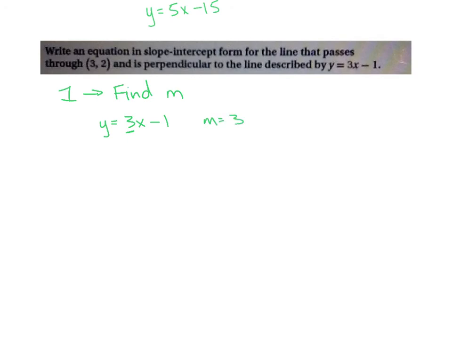But remember, when you are finding a perpendicular line, the two slopes have to multiply to negative 1. So, what you're going to do is the negative reciprocal of the slope. And that's going to be your new slope.